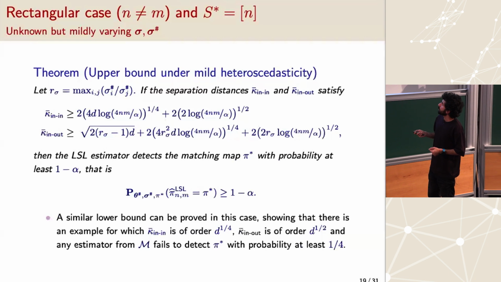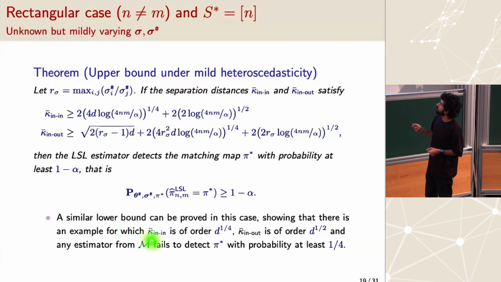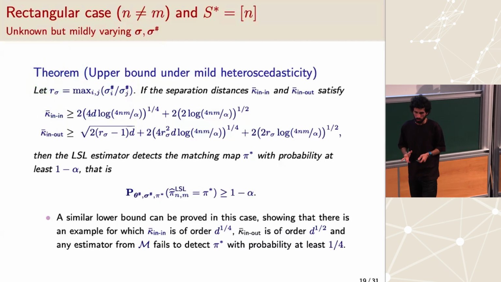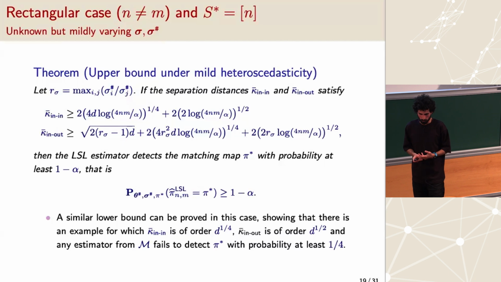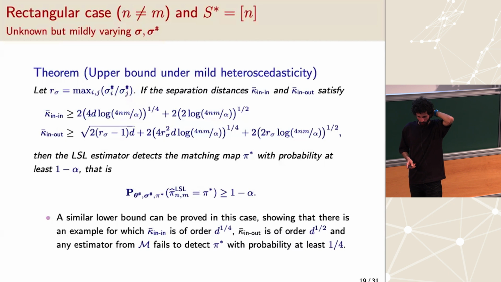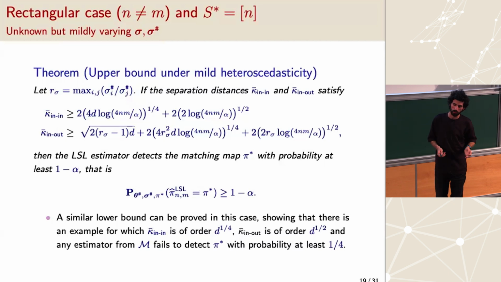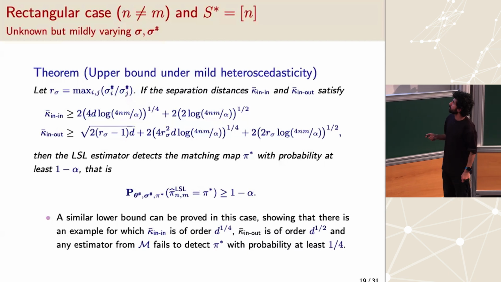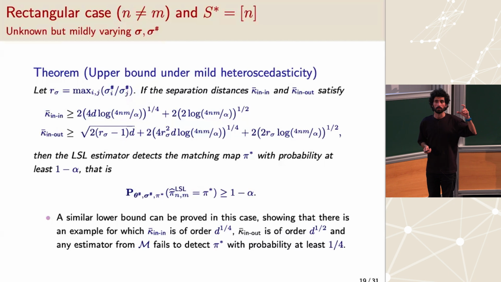And so that gave us another idea: let us fix the maximum over sigmas and assume this ratio of sigmas is something finite, so it doesn't go to infinity. Then we were able in this case to separate these two distances.